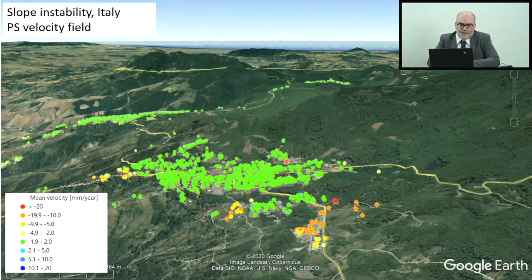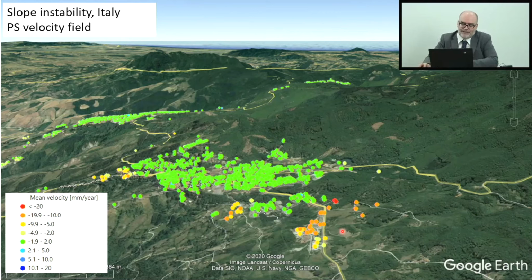And what we are observing is a so-called velocity field. With permanent scatterers, we can obtain this kind of product where the green PS are so-called stable PS, while the colored PS are moving targets. Red, as we said before, is going away from the satellite, while blue is going towards the satellite. In this case, we don't have any blue, so all these red points are moving away from the satellite.